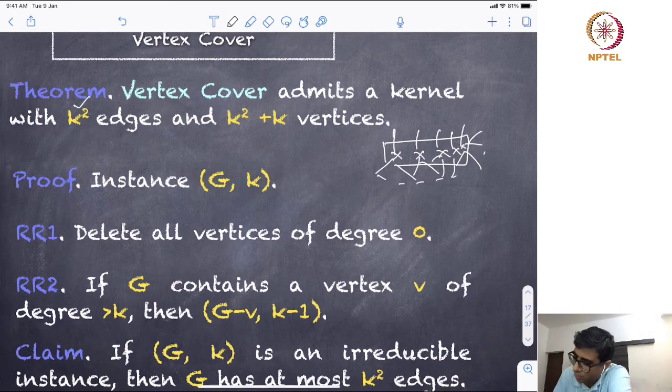But the total number of vertices could still be k squared plus k because these could be stars on k guys. So they cover k squared edges. So k squared vertices from there and k for themselves. Okay. So you can show, just like Point Line Cover, that vertex cover admits a kernel with k squared edges and k squared plus k vertices.